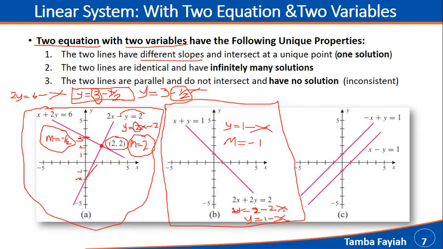So we can see that the slope for line 2 is also equal to minus 1. Since the two line slopes are equal, they have infinitely many solutions. So whenever you have two linear equations forming a system and their slopes are the same, such equations have infinitely many solutions.